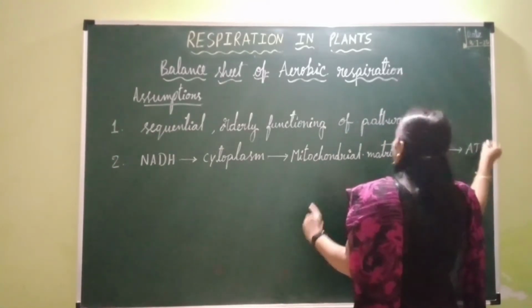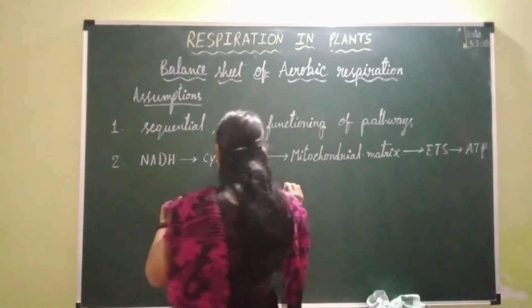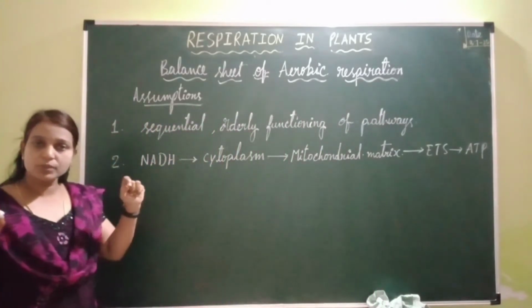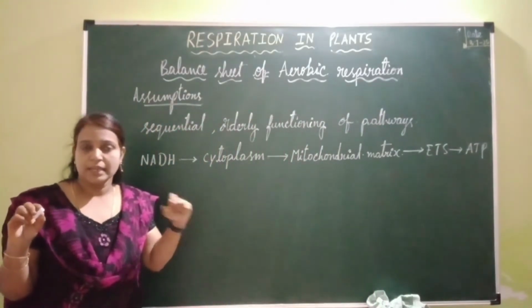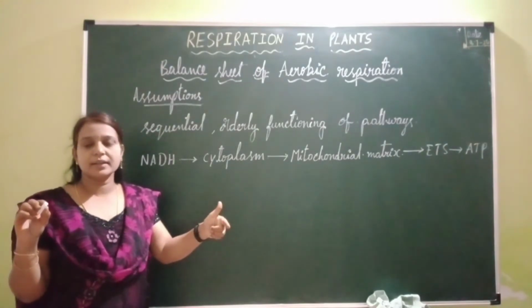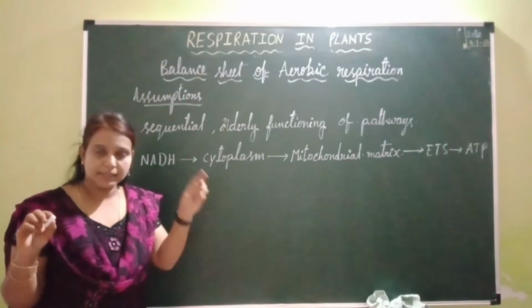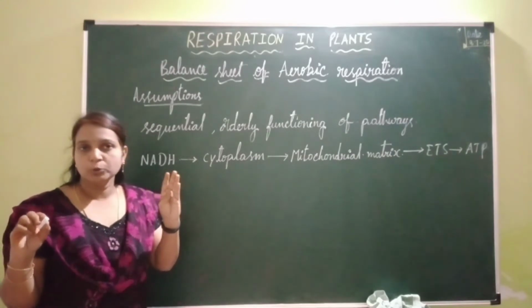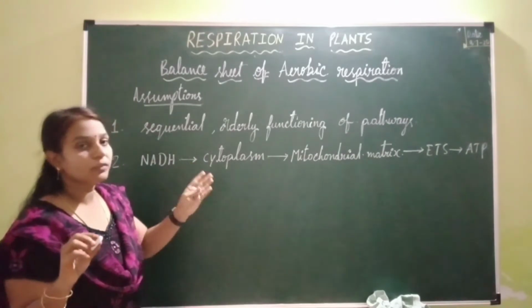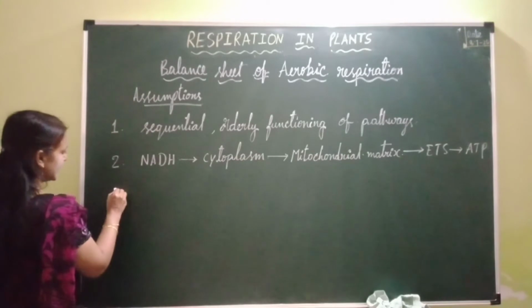So this is the second assumption: that the NADH released into the cytoplasm during glycolysis enters the mitochondrial matrix, and inside it undergoes breakdown through ETS for the formation of ATP.